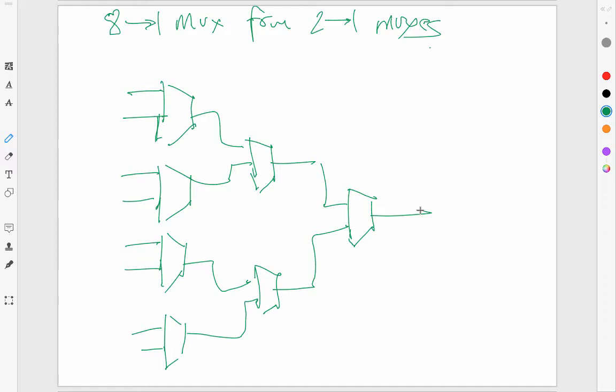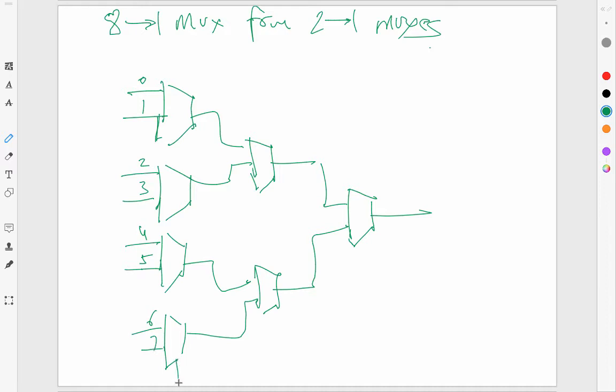Then let's label these. Let's call these 0, 1, 2, 3, 4, 5, 6, 7. The first stage is selecting within a pair, even versus odd. So this clearly corresponds to the lowest bit in our selection logic.